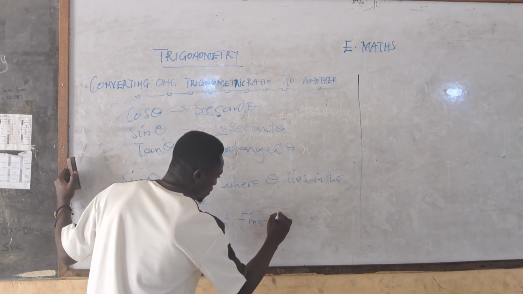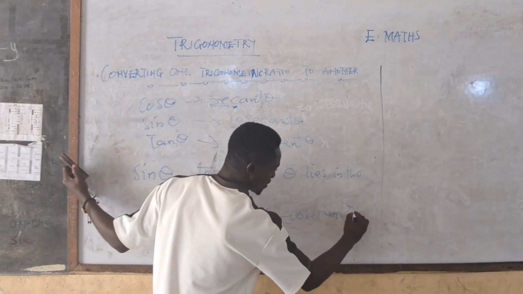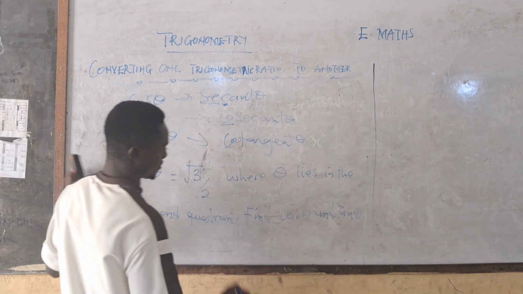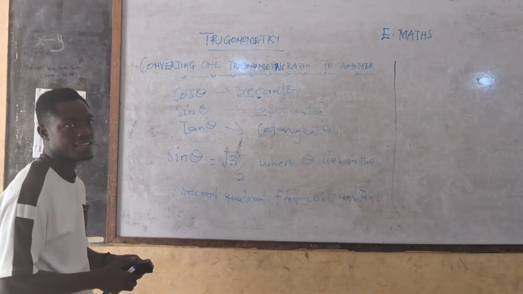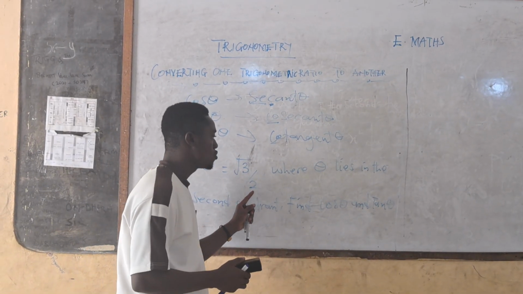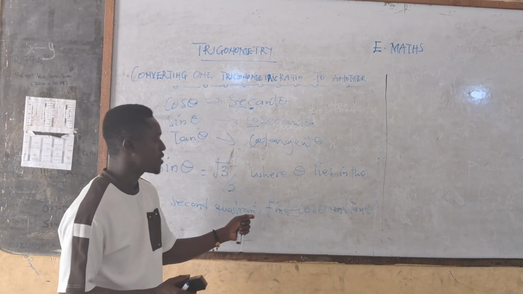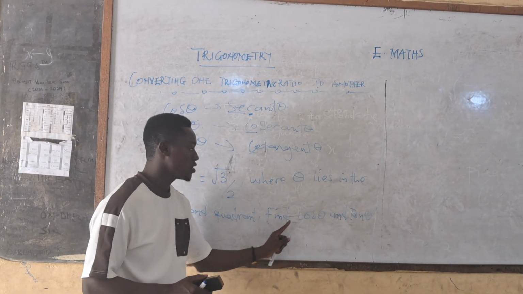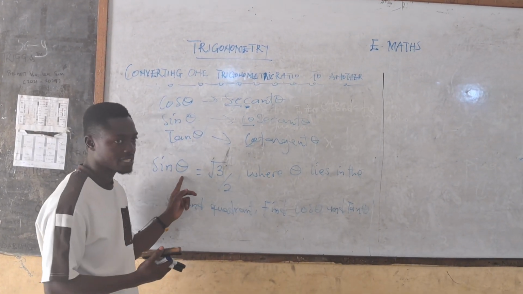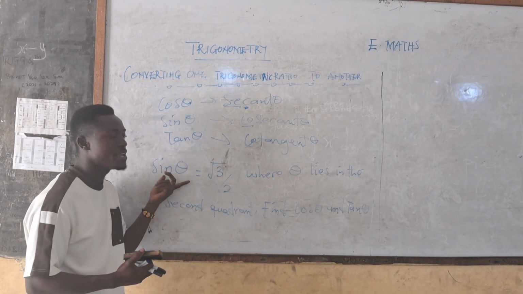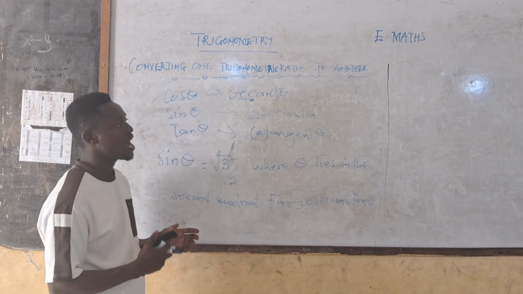Find cos theta and tan theta. So they said sin theta is equal to √3 on 2, where theta lies in the second quadrant, and you should find cos theta and tan theta. You have one of the basic ratios, and we are going to base on this to find the other ones, which are cos and tan.